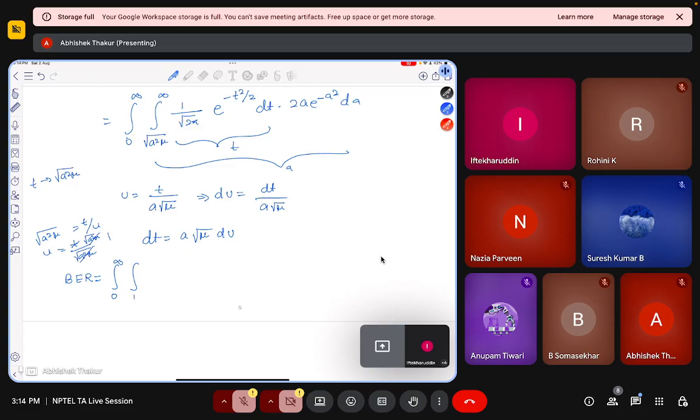Okay, so this will go from 1 to infinity, and it will become 1 by square root of 2 pi e to the power of minus t square by 2.